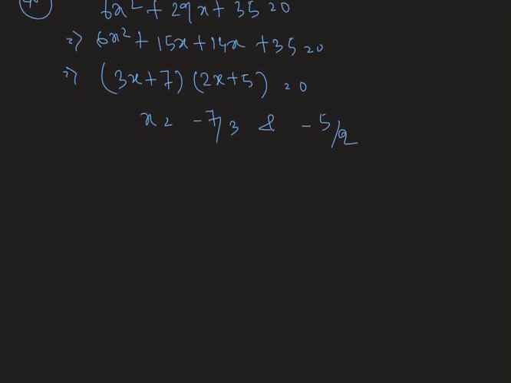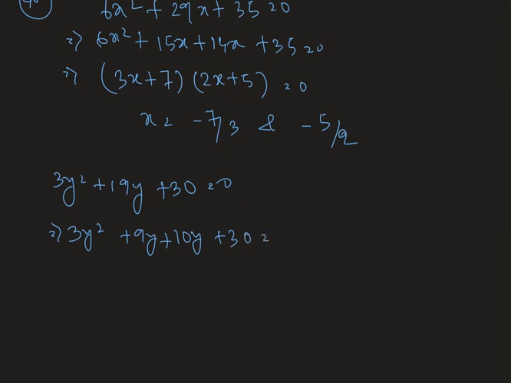Now the quadratic equation based on y is 3y square plus 19y plus 30 equals 0. This implies 3y square plus 9y plus 10y plus 30 equals 0.